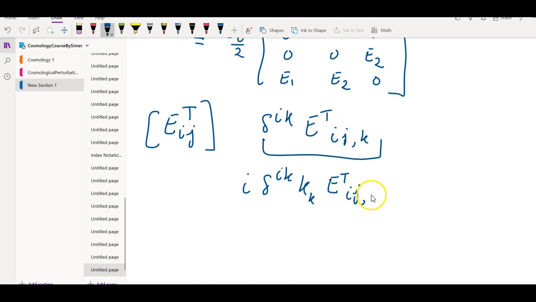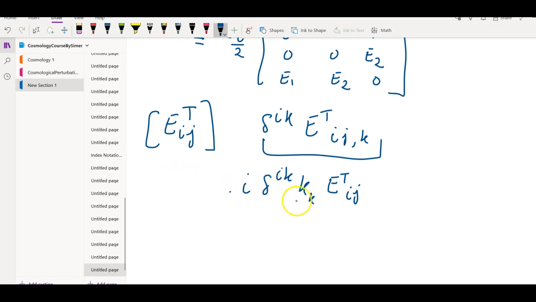Now this becomes this in Fourier space, and out of this only the K3 component will survive.